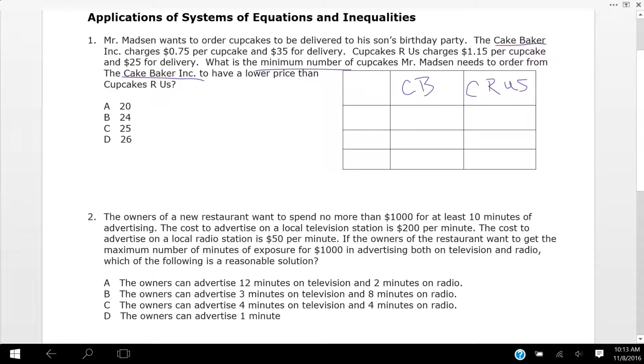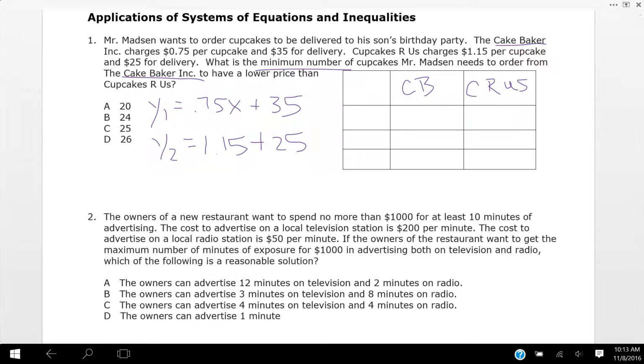So for Cake Baker, call that Y1, 75 cents per cupcake plus $35. And Cupcakes Are Us is 115 plus $25. Since I already solved for y, it'd be easy for me to put them in my calculator under y1 and y2.